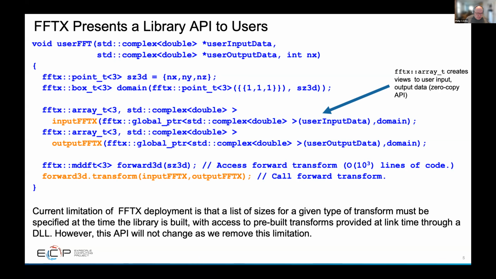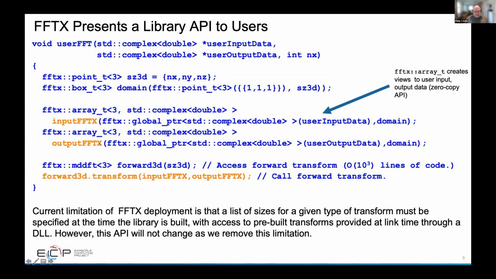The 2 steps that you have to do are, one is to create an alias between user data and FFTX data. So we have FFTX 3-dimensional arrays, and this is the constructor that creates that alias, or view, I guess is the modern terminology, between the input data and the FFTX data object.